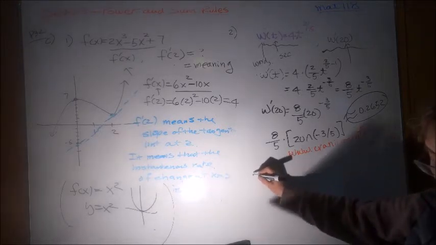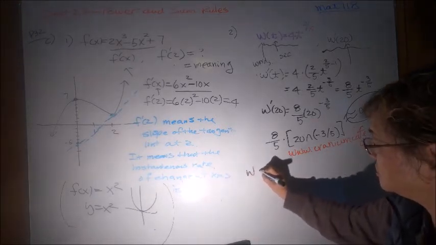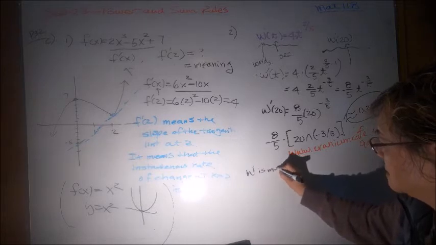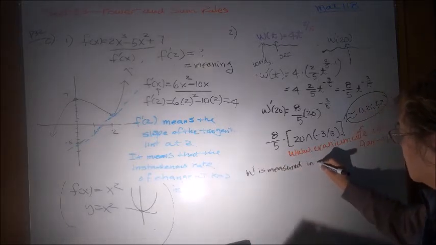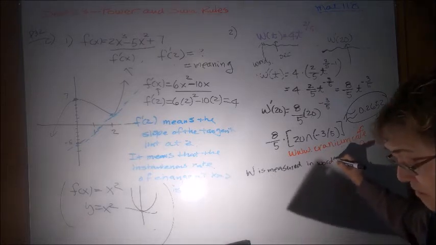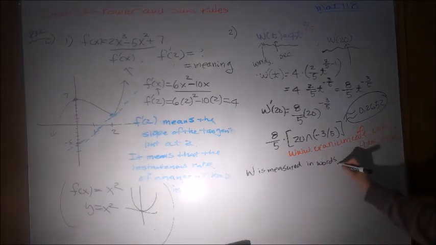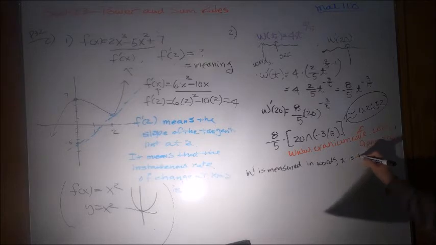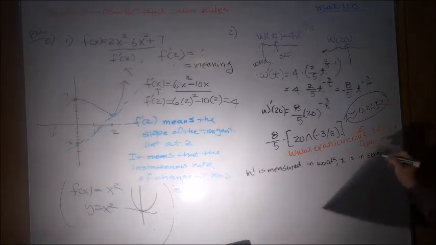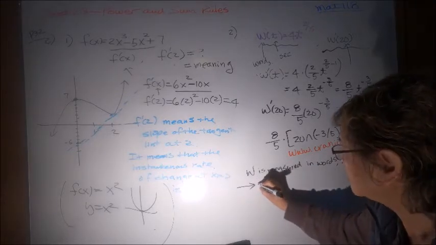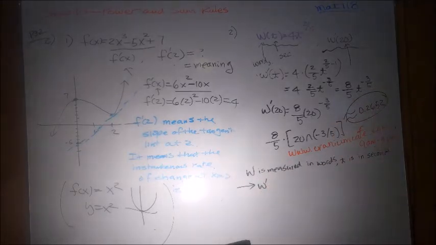So your interpretation is what? Your W is measured in words, right? And t is in seconds we are talking about, right? So what the W prime means is what? W has what?